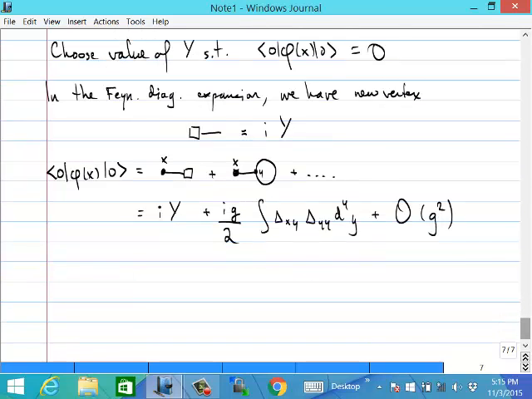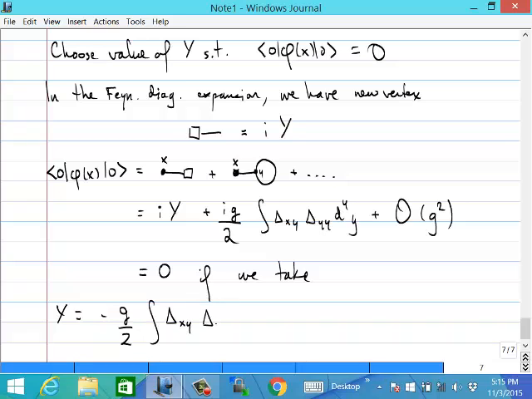And so you can see that you can just set that equal to 0 simply by taking y to be equal to minus g over 2 times the integral of delta xy delta yy, plus terms that are of higher order in g.